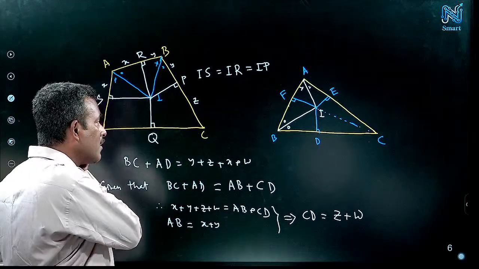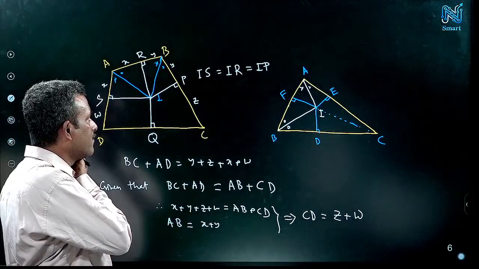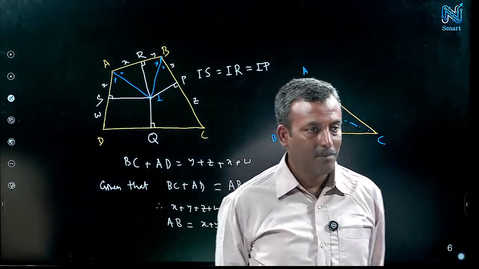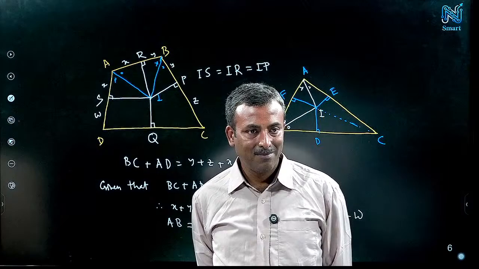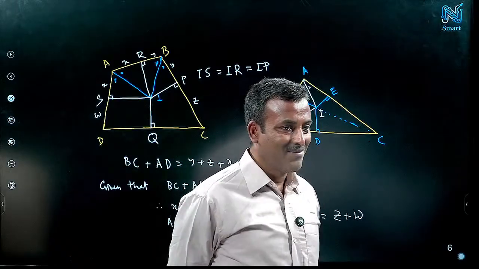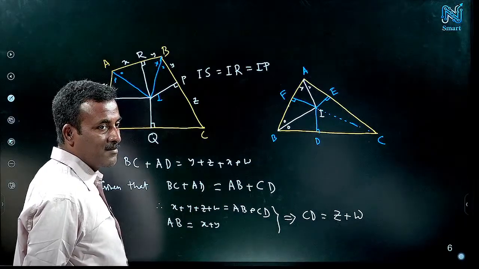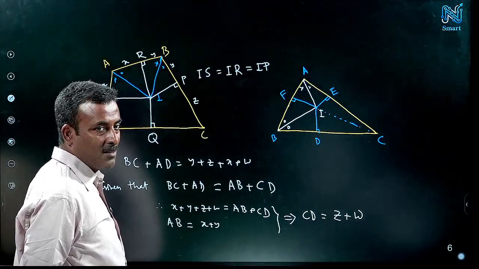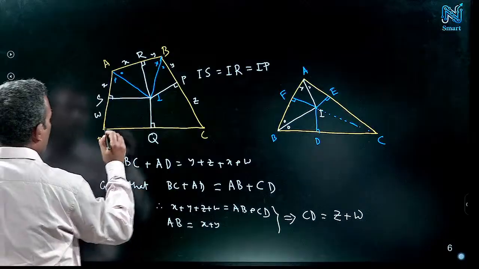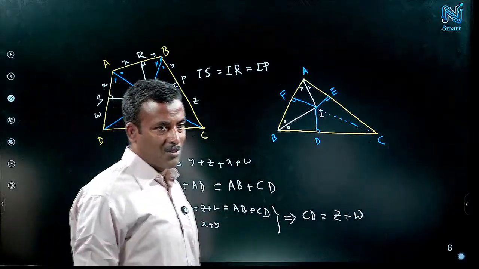Clear? Then how to prove that? If we join DI and IC, we don't know whether the angles are equal or not.